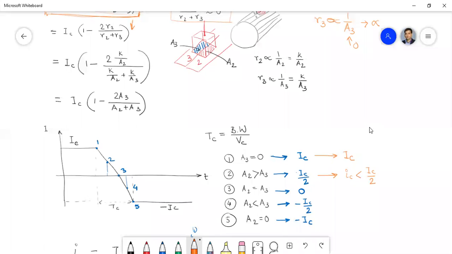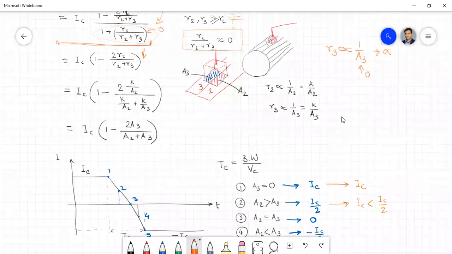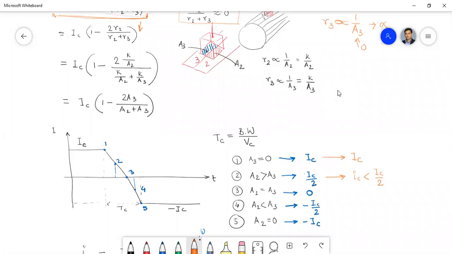Now, what about this instant 3? Instant 3 is again the numerator. If the numerator is 0, whatever is in the denominator, it will always be 0, isn't it? So that means this value will remain unchanged. That is 0 only. Now, what is the case for this instant 4?